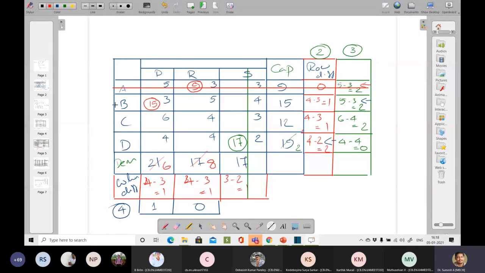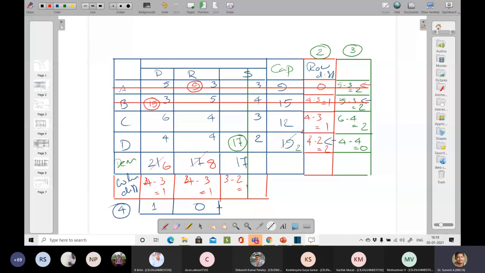Now it is 6 minus 4, 2, and 4 minus 4, 0 remains over there.